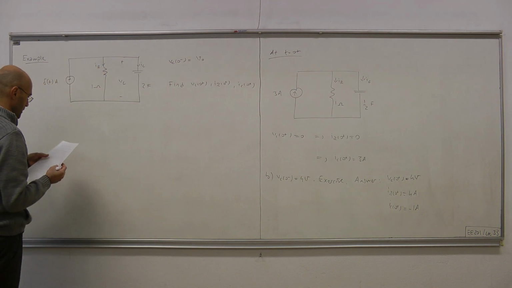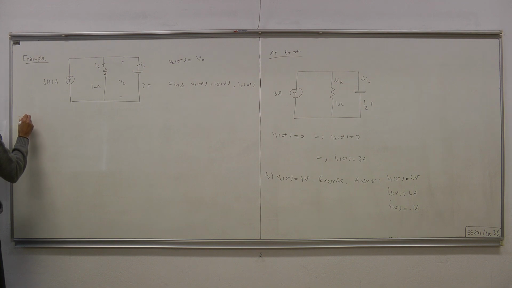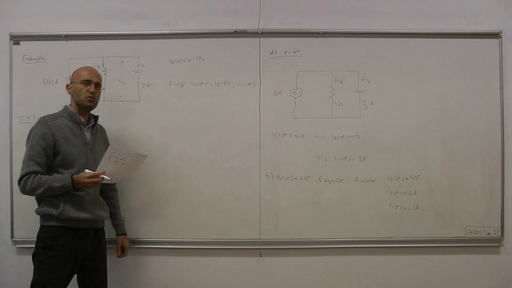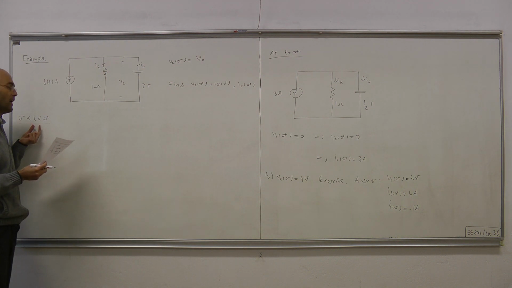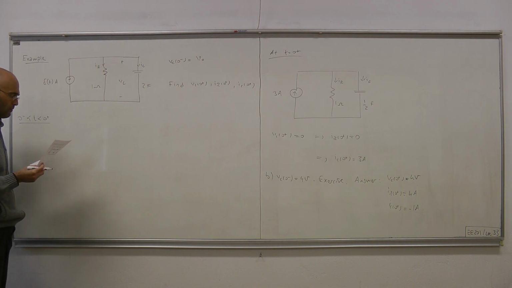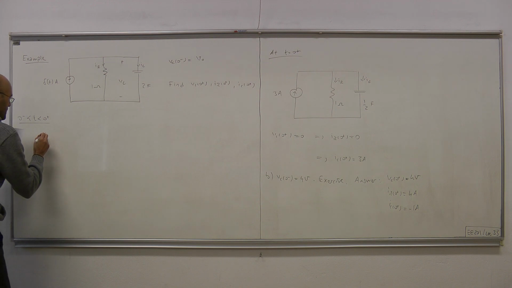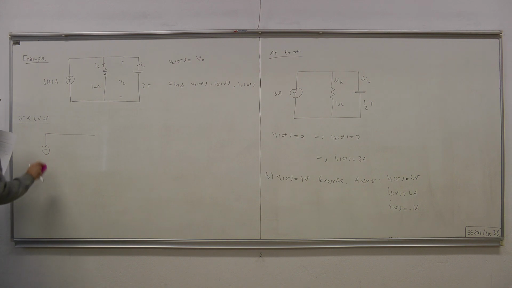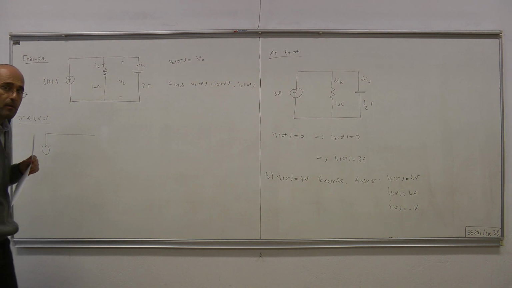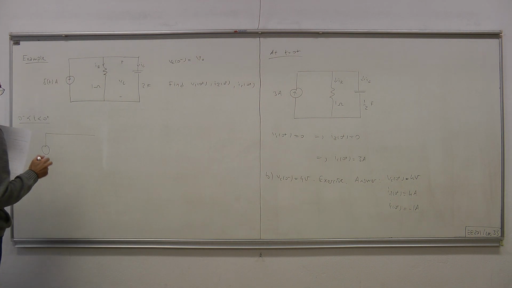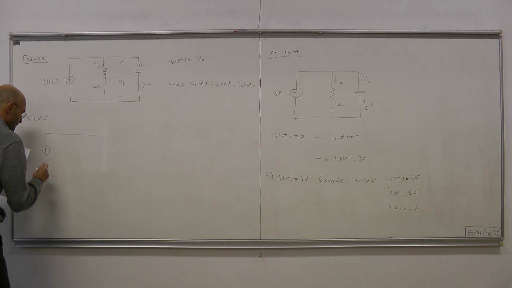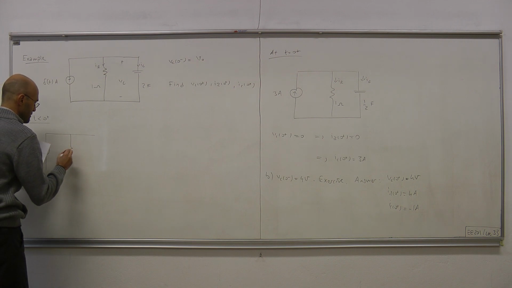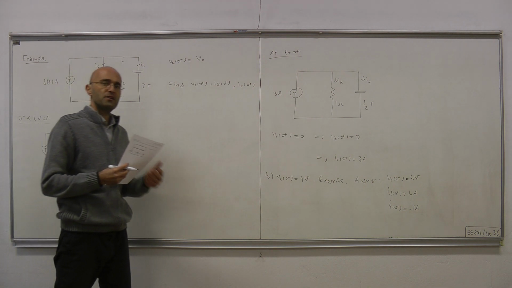Okay. So let's do the analysis in this tiny, infinitesimally small interval. Again, we invoke substitution theorem and replace the capacitor with a voltage source under the assumption that capacitor voltage is always bounded.